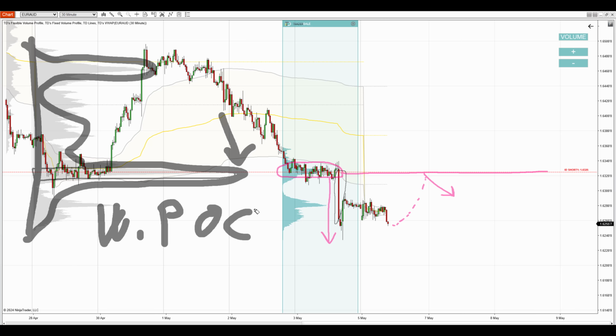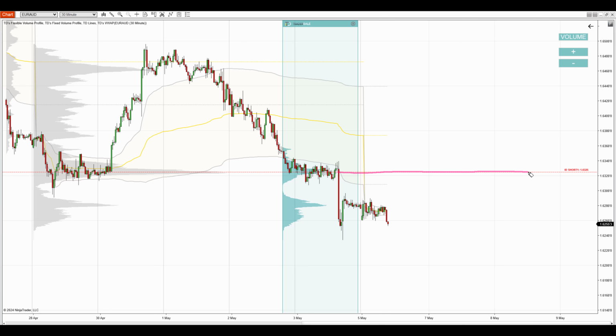This is the weekly point of control, and it is at our level. So the heaviest volumes throughout the whole previous week were traded here at this level, and that massively adds strength to it. Alright, so when there's a pullback, if there's a pullback, chances are there'll be a nice reaction.